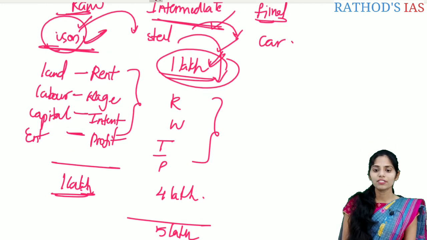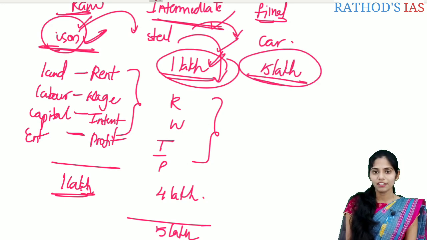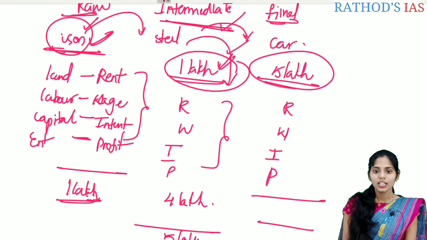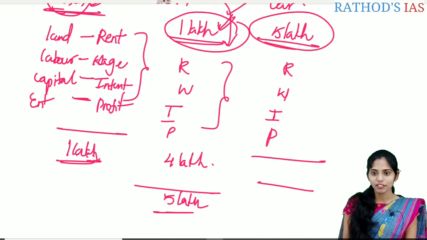After this, the 5 lakh rupees steel will be sold to a car company. So here this will be the raw material, that is 5 lakhs, and again he will use the factors of production, the land, labor, capital and entrepreneur, such that finally he will produce a car, and the cost of that car will be 10 lakh rupees.